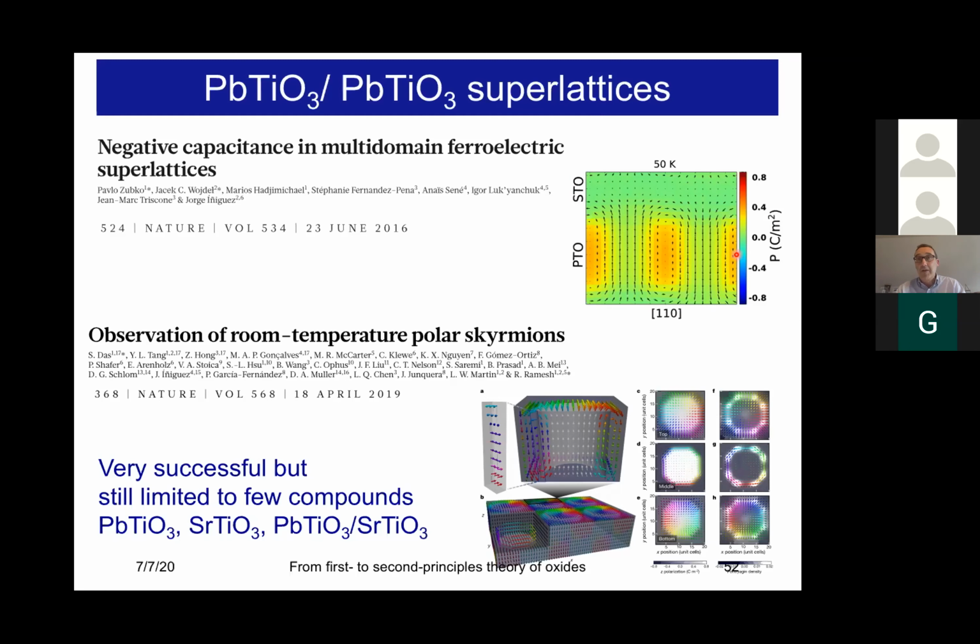So if you have another system, we should explore the different possibilities offered to the system to develop the polarization and try to figure out which one is the most stable.